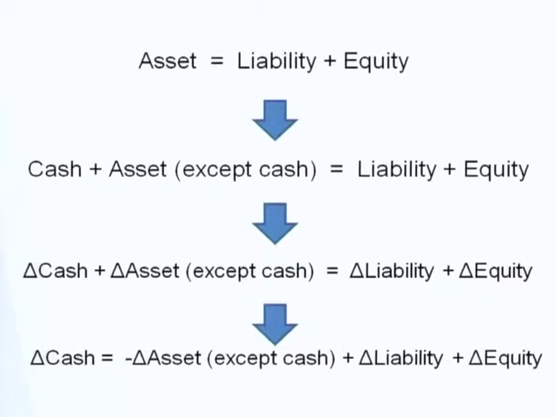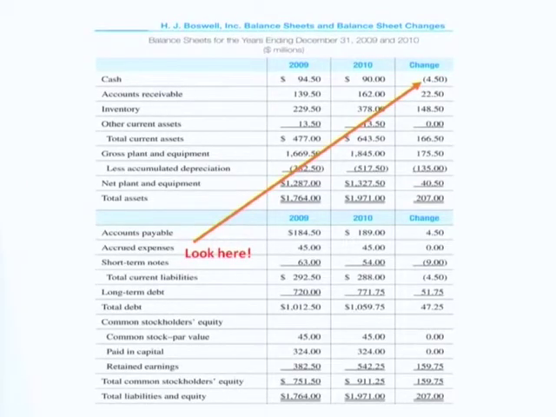If we move the change of asset except cash to the right hand side, you will get the last line. That's why we are trying to analyze the change of cash. The change of cash equals negative change of asset except cash, plus change of liability and change of equity. That's why we look at the rest of the items except cash, in order to explain the negative 4.5 change of cash.